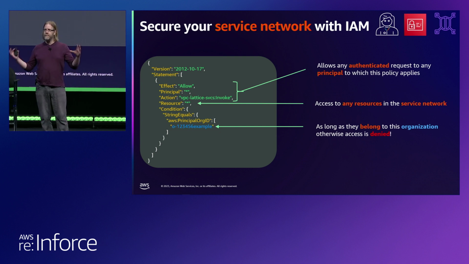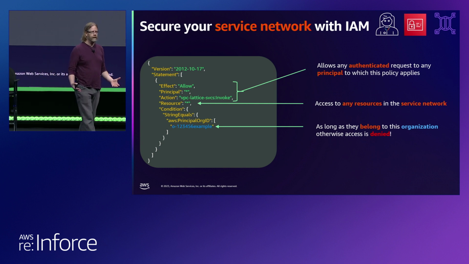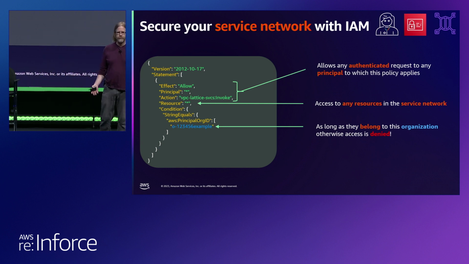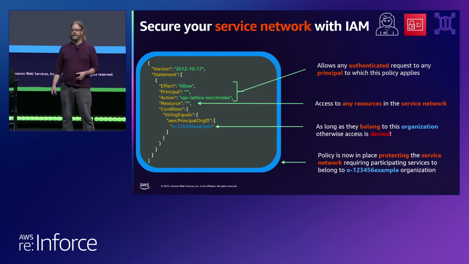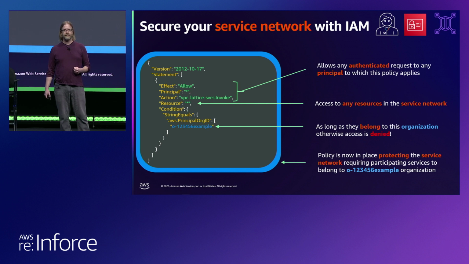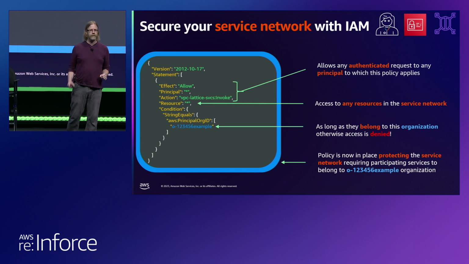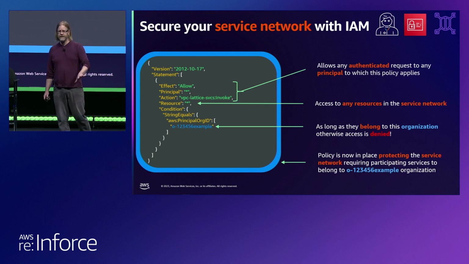So we're setting that macro security on the service network, saying you have to be in my org. If you're not in my org, you can't participate. So therefore, we'll go ahead and apply our policy, we'll put it in place, and it'll now start protecting what we have in our service network, saying, okay, you have to be in this particular org, and you can go ahead and participate. So that's set up.